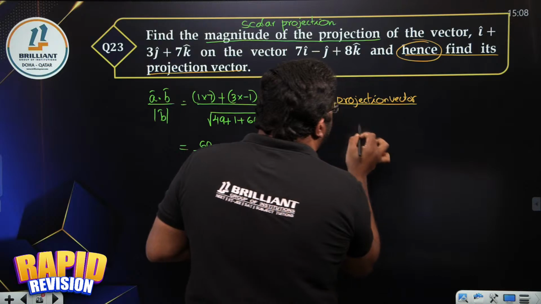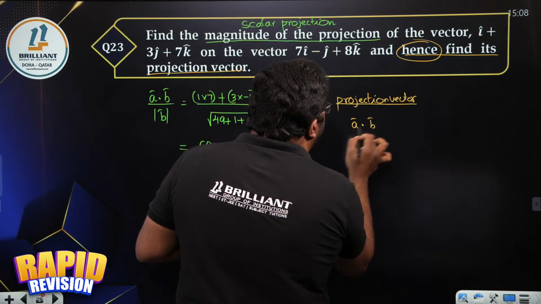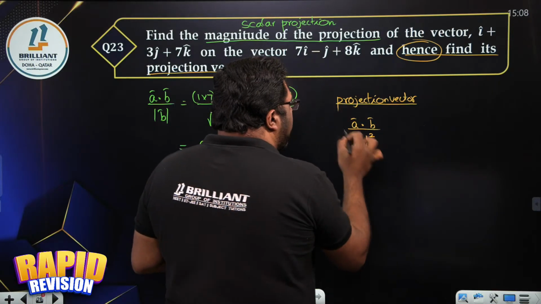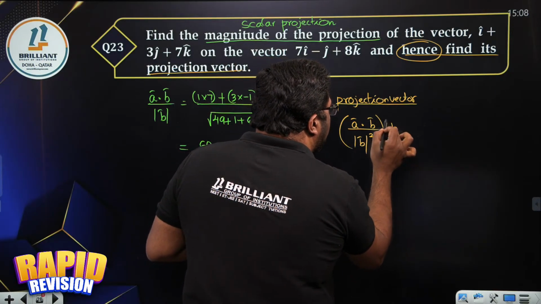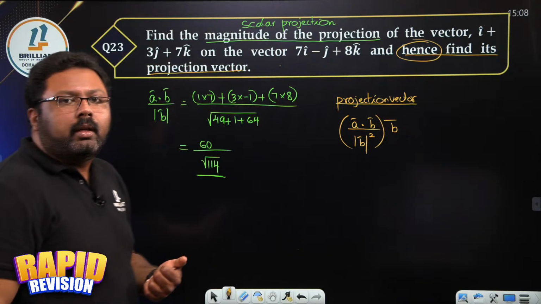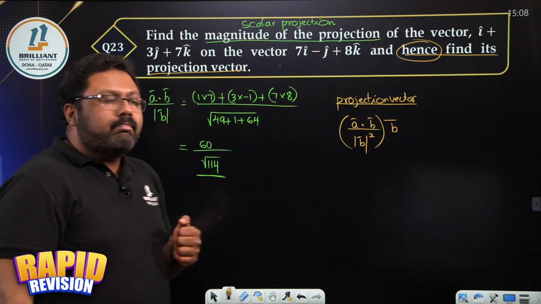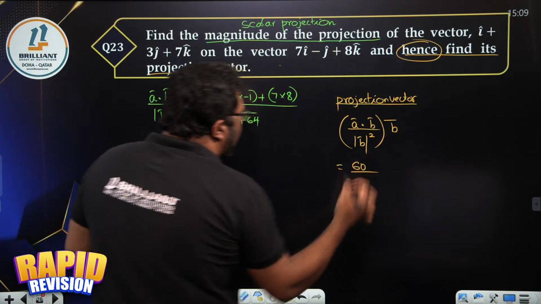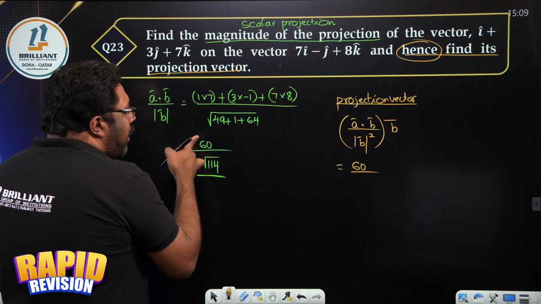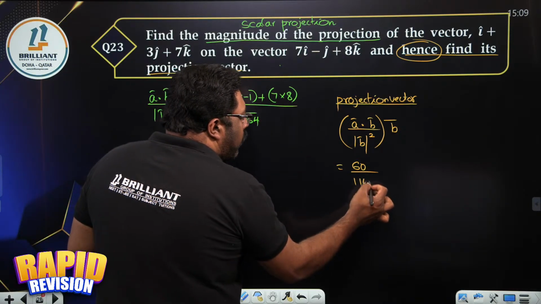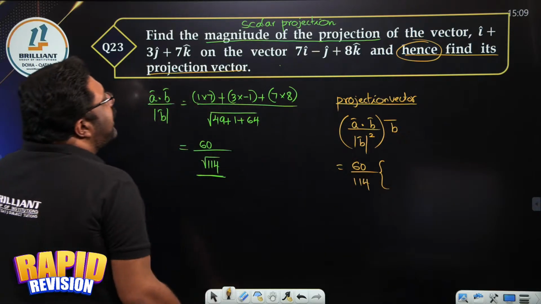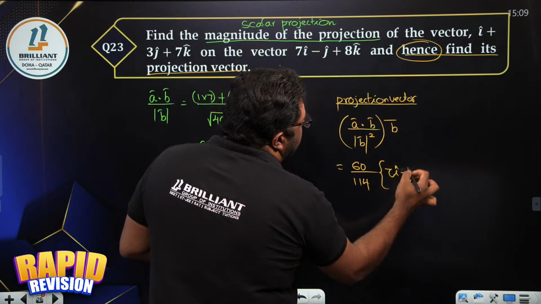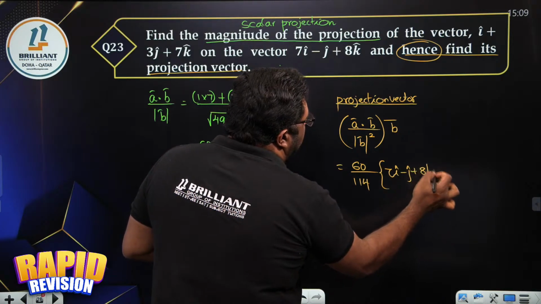It simply says A dot B by magnitude B squared, this answer is multiplied with vector B. You know what A dot B is, it's already done, 60. Magnitude B squared is 114. This answer is multiplied with the B vector 7i minus j plus 8k.